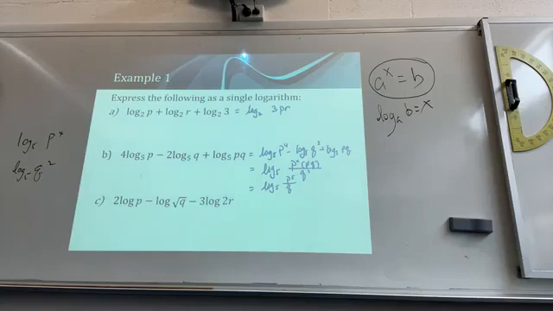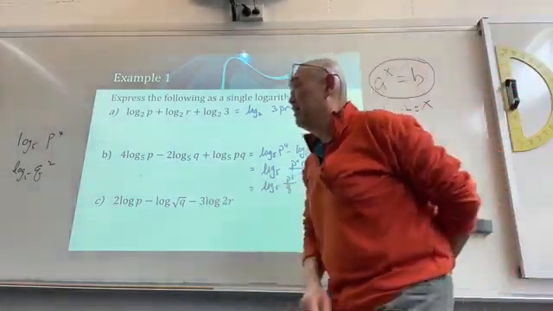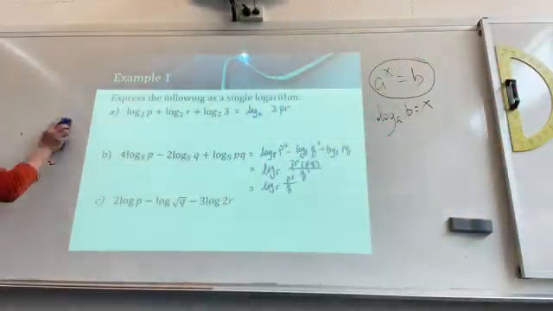C is slightly trickier. You've got a square root. Now, you also need to think about what happened here. 3 and 2r. Not going to say too much yet.